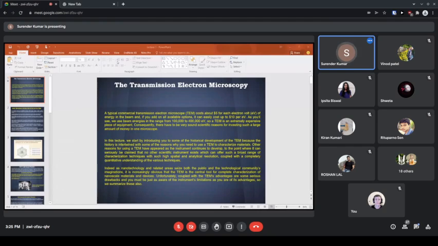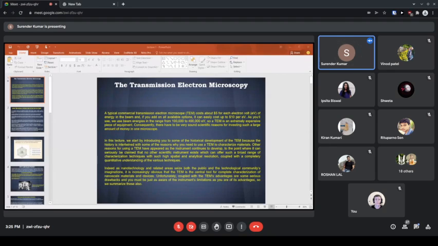If we go into history, TEM was developed because of the limited image resolution in the light microscope, which is imposed by the wavelength of visible light, from 400 to 700 nanometer. The electron microscope was developed by playing with the wavelength of the electron.